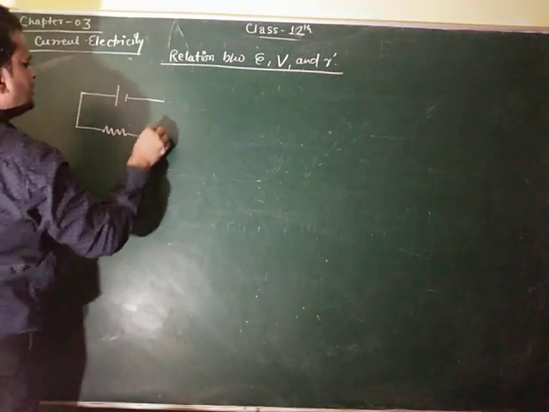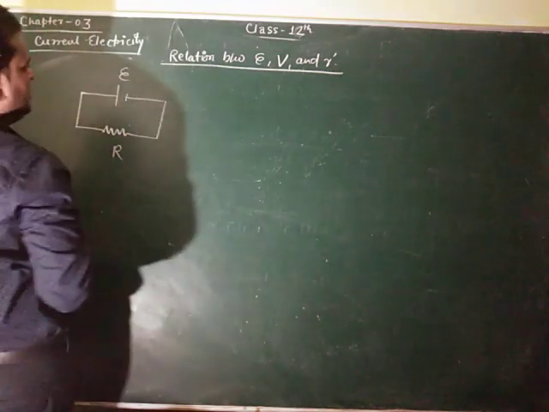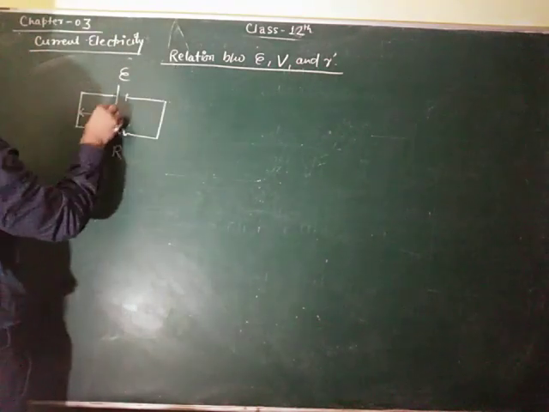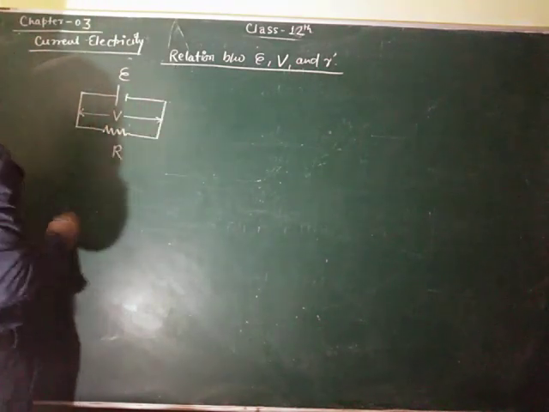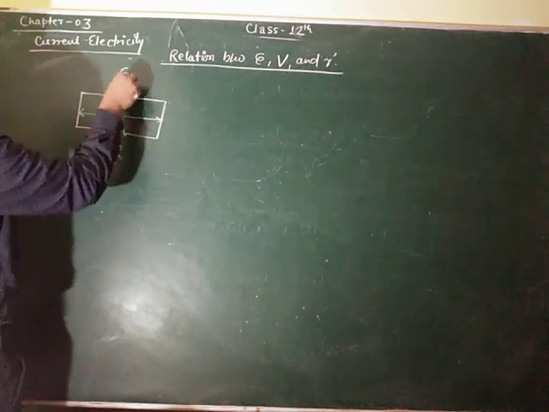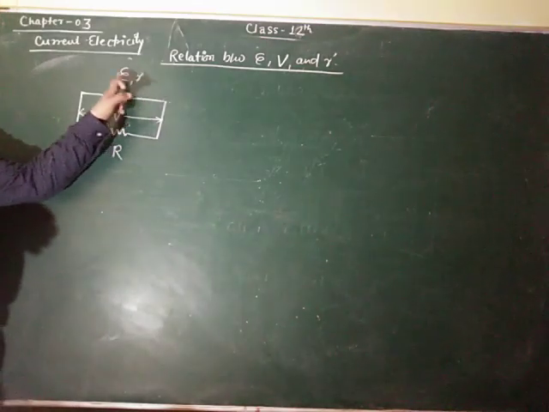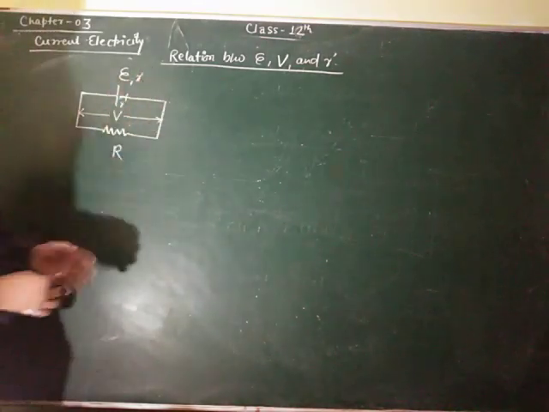This is the external resistance R in the circuit, a cell of EMF E, the terminal potential difference V here, and the internal resistance r inside. Generally in the book you will see EMF and terminal potential difference written like this.